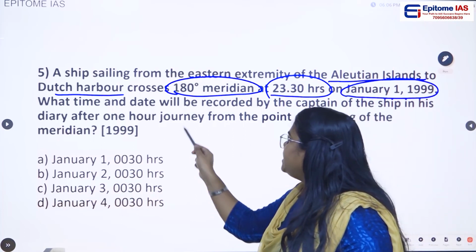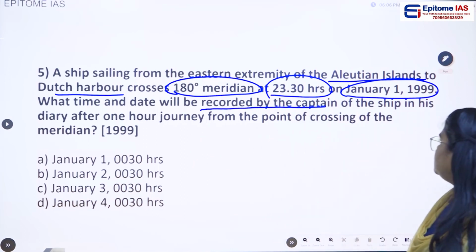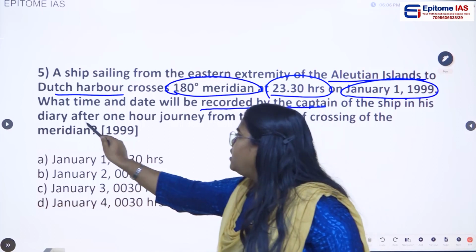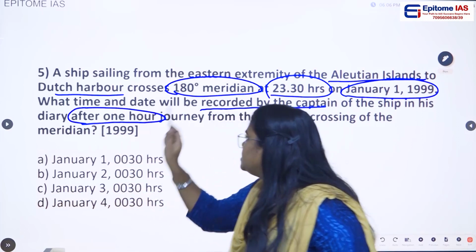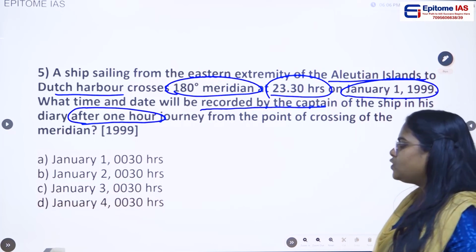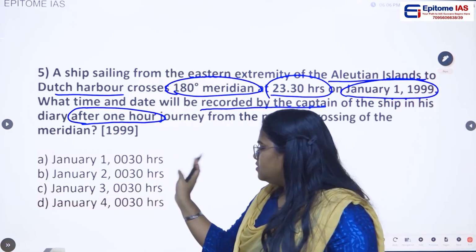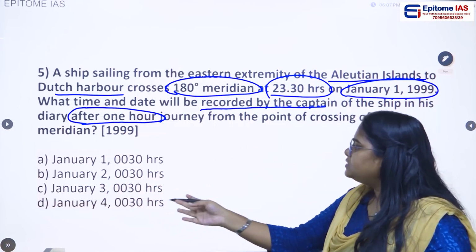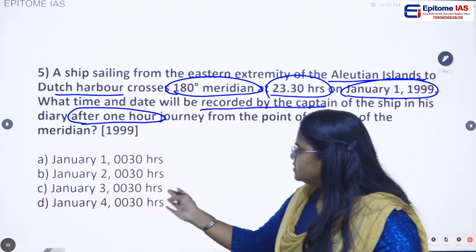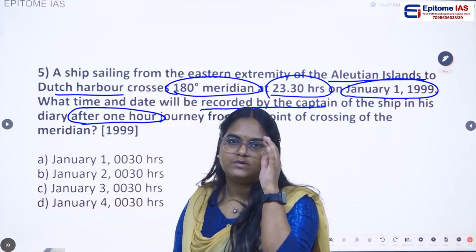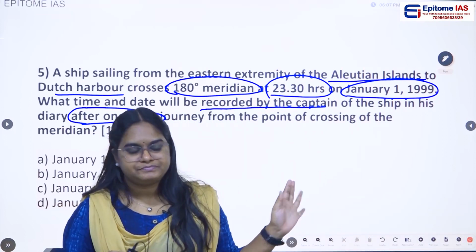What time and date will be recorded by the captain of the ship in his diary after 1 hour of journey? So these are the keywords: from the point of crossing the meridian. Option A, January 1, 0030 hours; January 2, 0030 hours; January 3, 0030 hours; January 4, 0030 hours.